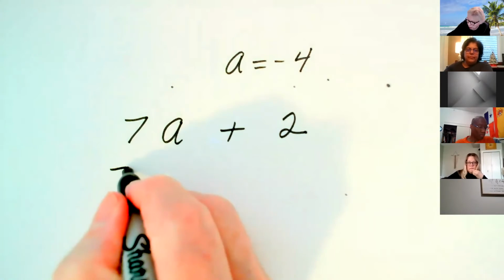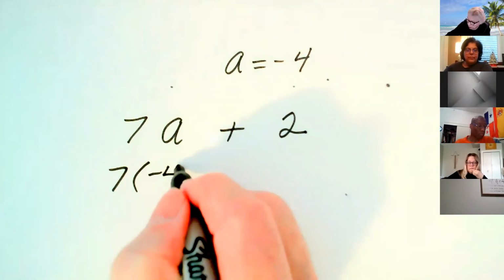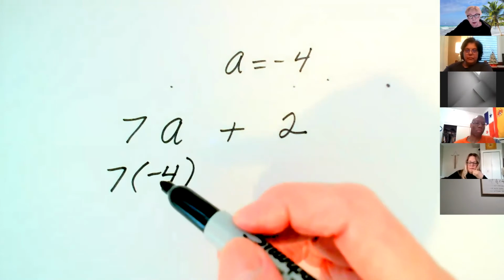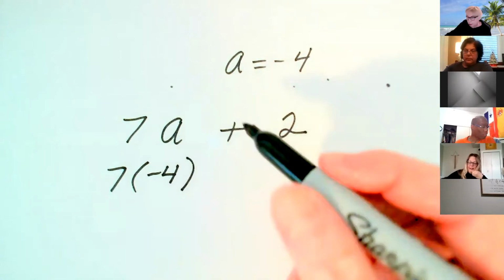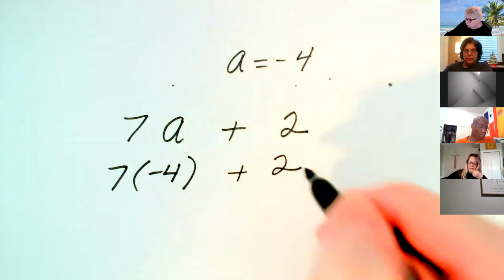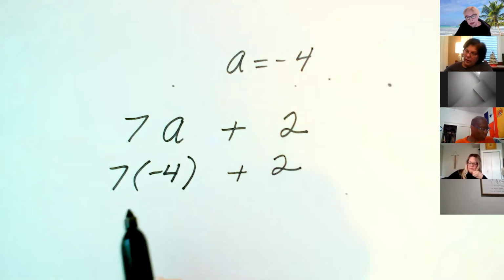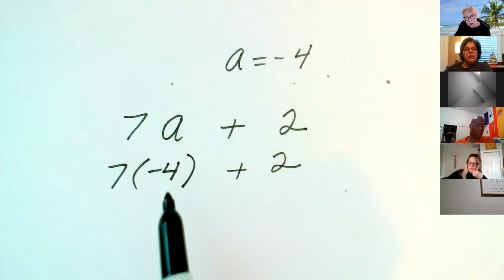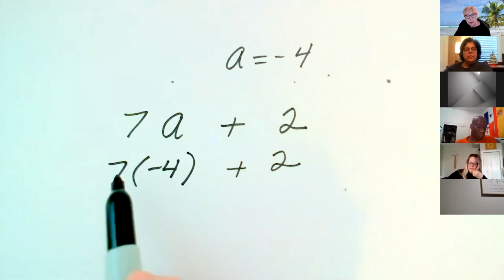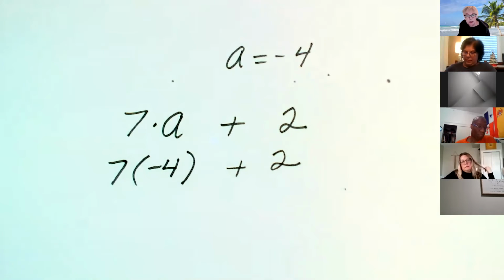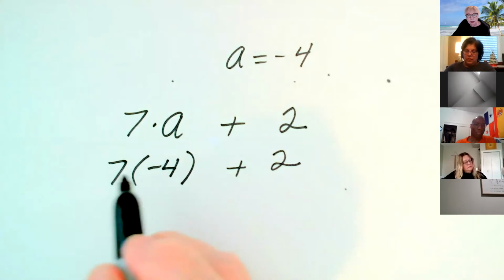This is where I wanted you to use parentheses. So instead of a, I put parentheses -4, and I copied the rest of the problem as it is. Once you have the number in place of the letter, this is reminding you that it's multiply. So 7 times -4, plus times minus.